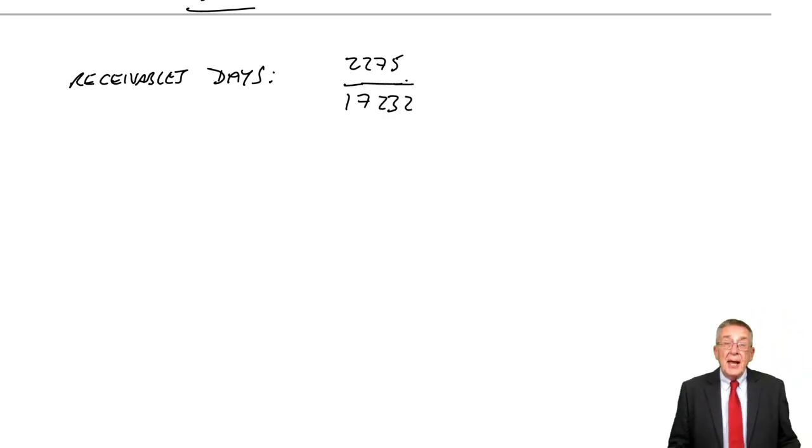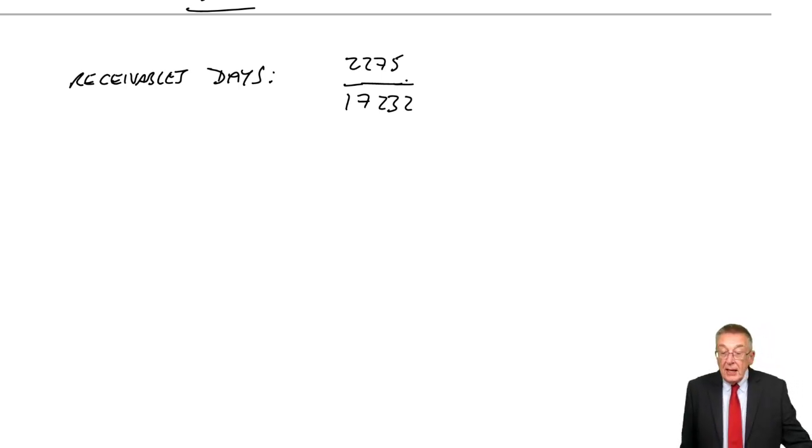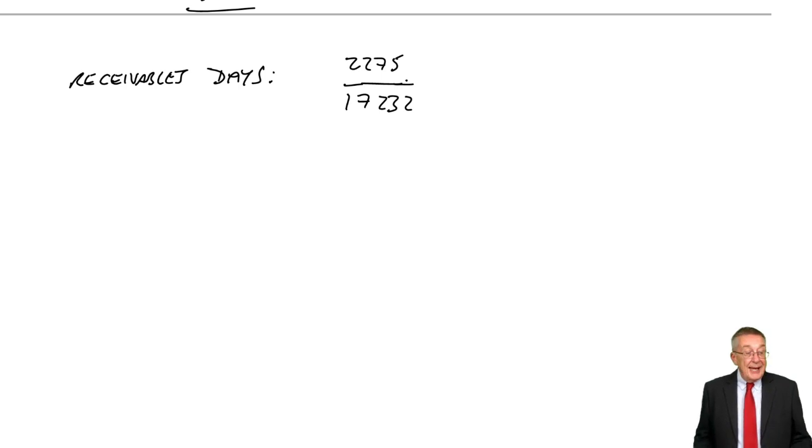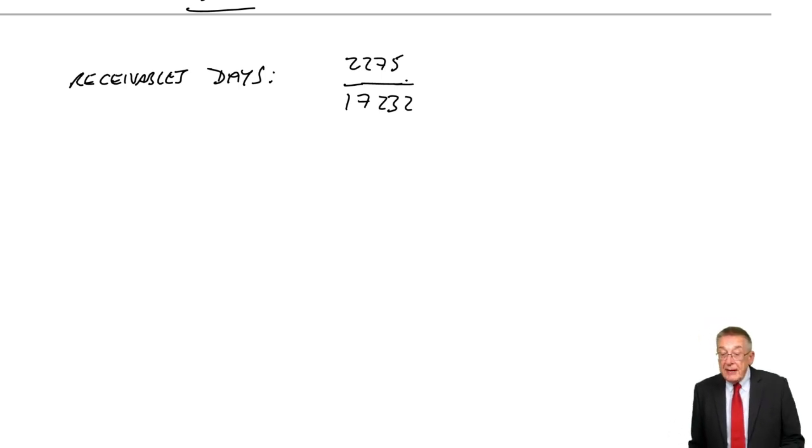And incidentally, in the exam, make the best use of the information available. We should be looking at the sales on credit. If we were given a split, it's the sales on credit we're after, but here we're not. We've no choice but to assume that all sales are on credit. So our receivables are that proportion of the total sales.